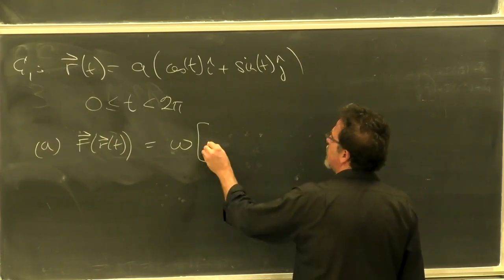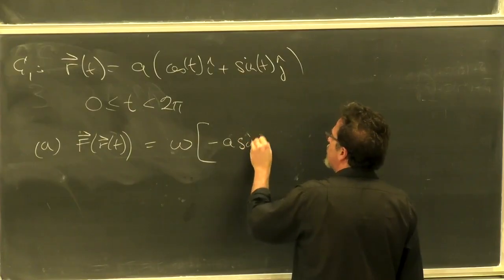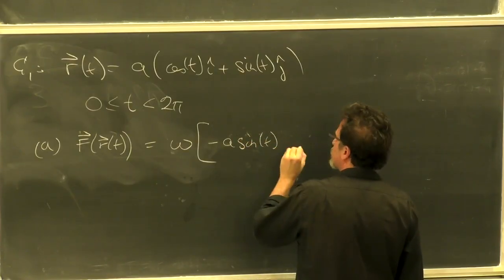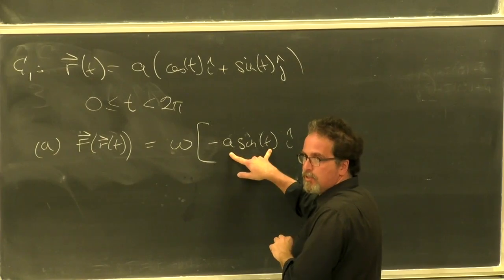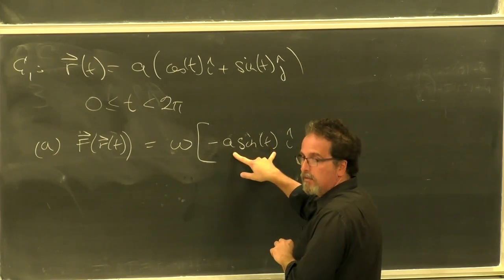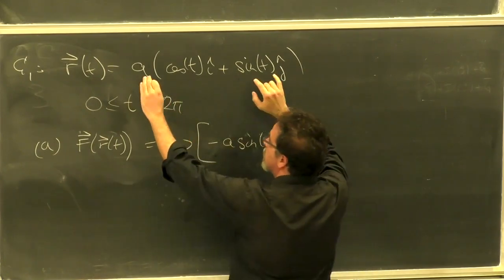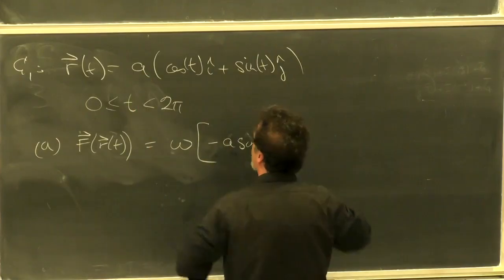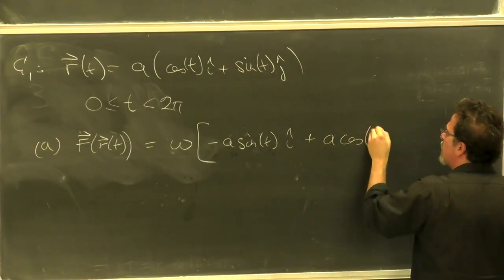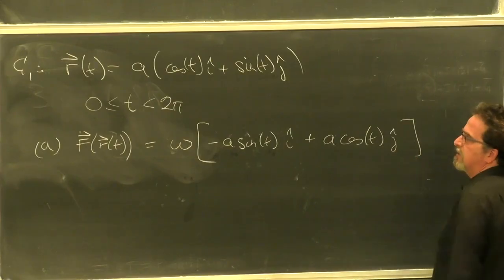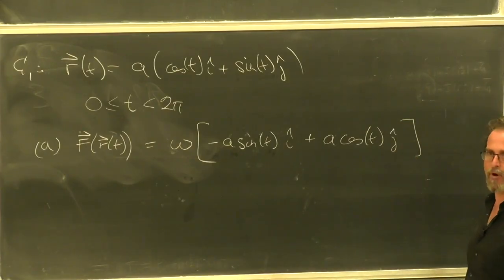Negative y is going to be negative a sine t i hat, because I'm putting the y in the i hat position. This is negative y, and remember, y is the y component of r of t, plus a times the cosine of t j hat. That's f of r of t for part A.